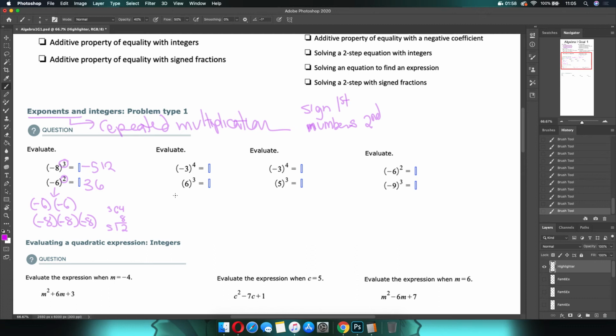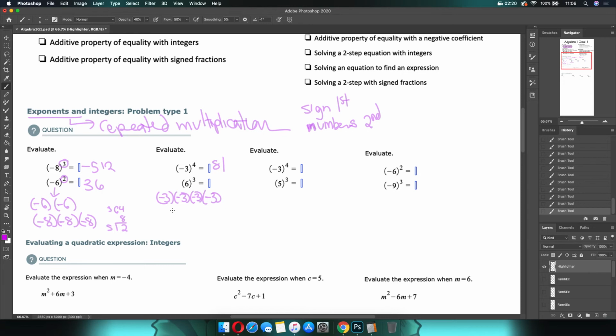All right, I'm going to do it again here. So this is going to be negative 3 times negative 3 times negative 3 times negative 3. Let's see how good the human calculator is. Negative times a negative is a positive. Positive times a negative is a negative. Negative times a positive is a positive. 3 times 3 is 9, times 3 is 27, times 3 is 81.